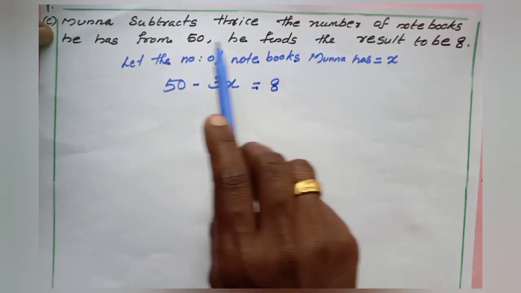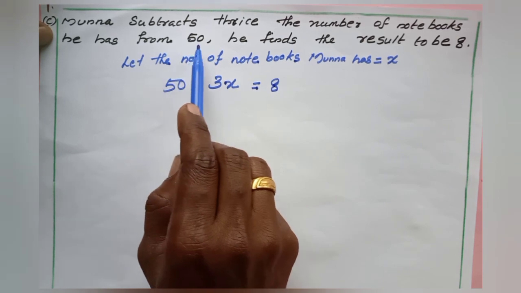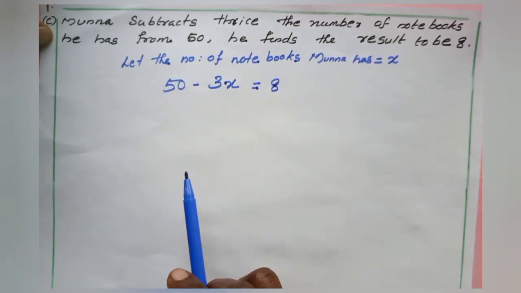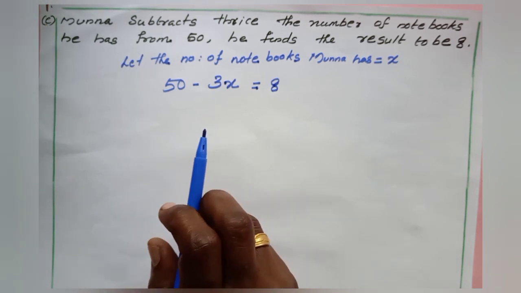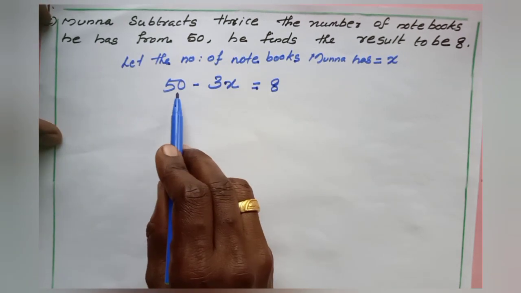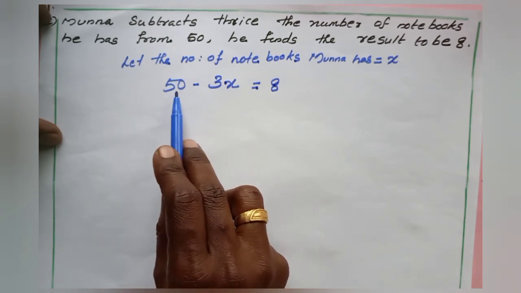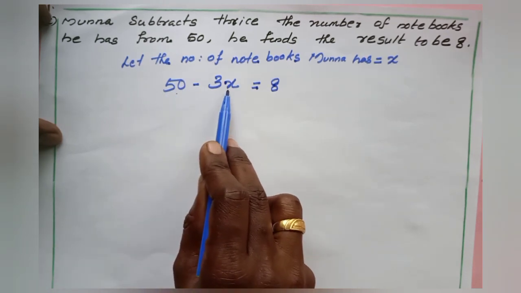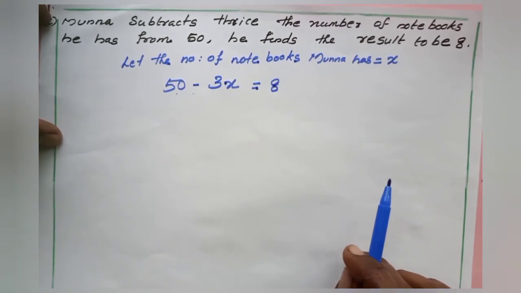Subtract thrice the number of notebooks he has from 50. So on subtracting thrice the number of notebooks from 50, we get the equation 50 minus 3x equal to 8.